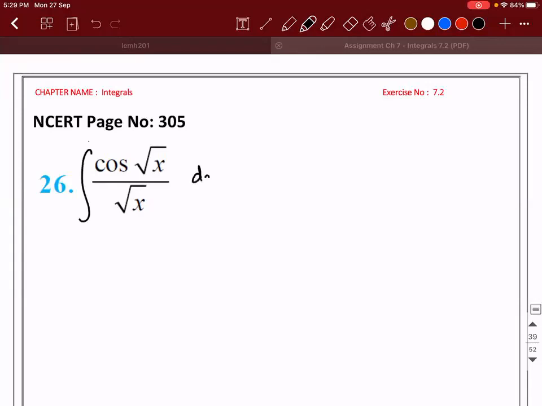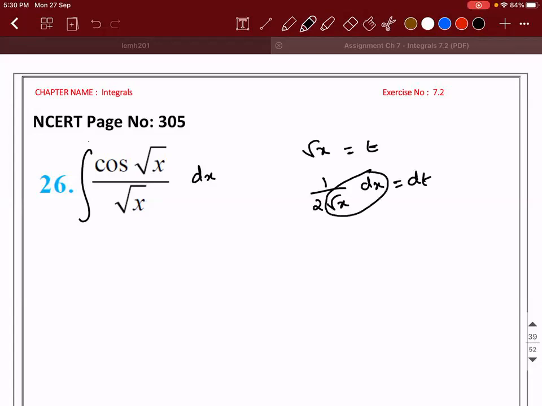You guys tell me how to do this. So square root is there, so you can put root x as t. 1 by 2 root x dx will be equal to dt.